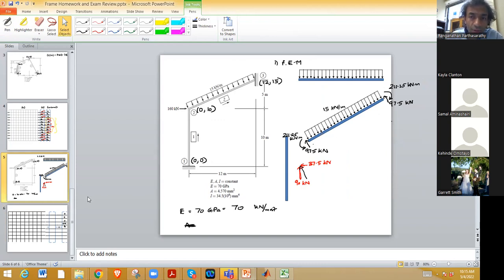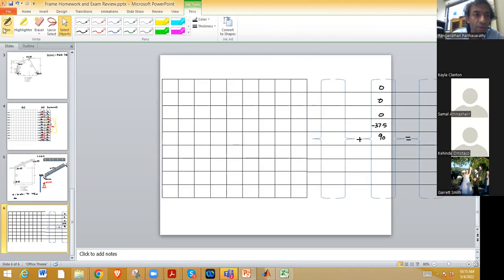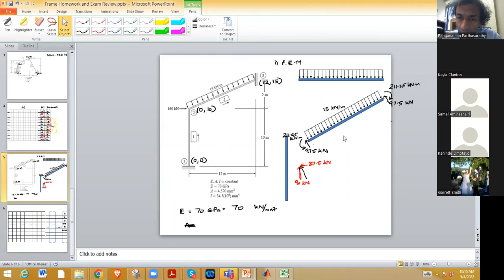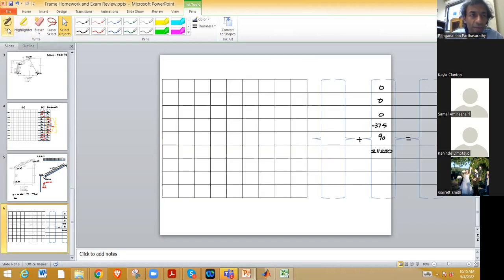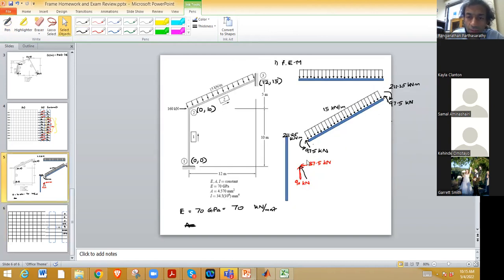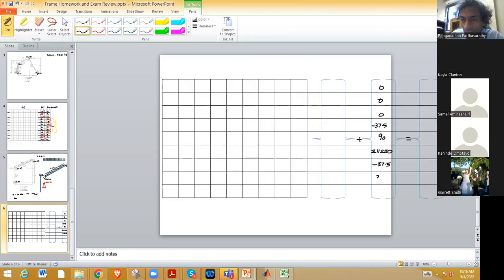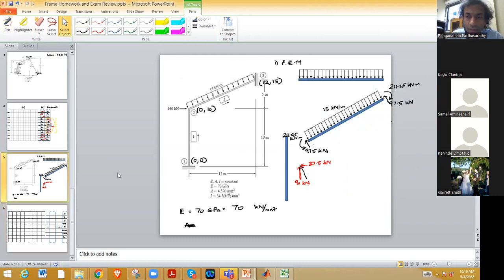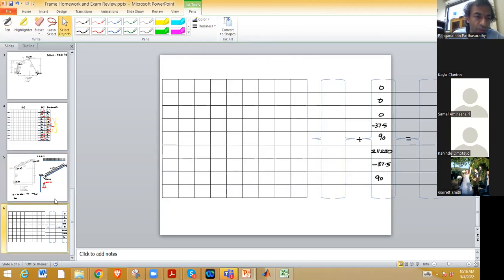So 211250. Counterclockwise is positive. So 211250. Then come to the last one. You have again 37.5 negative. Then you have 90 positive. Then you have clockwise, this one.